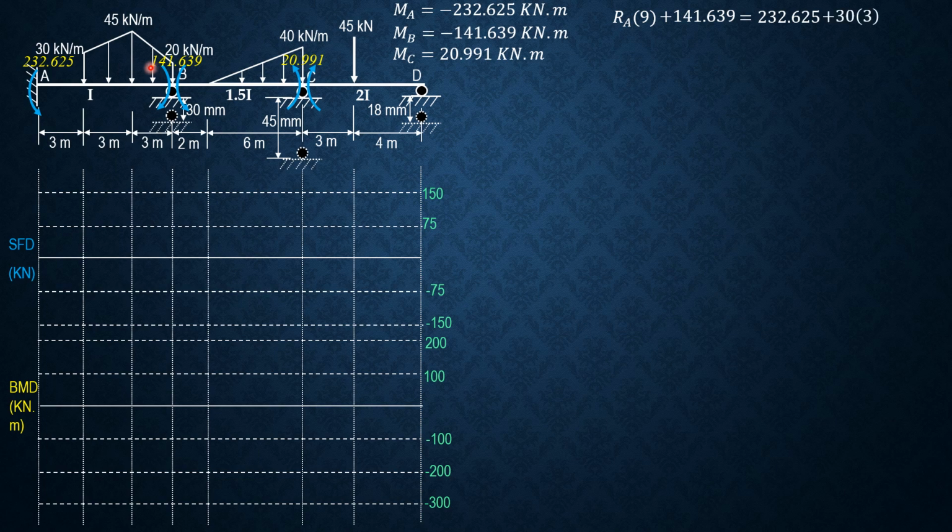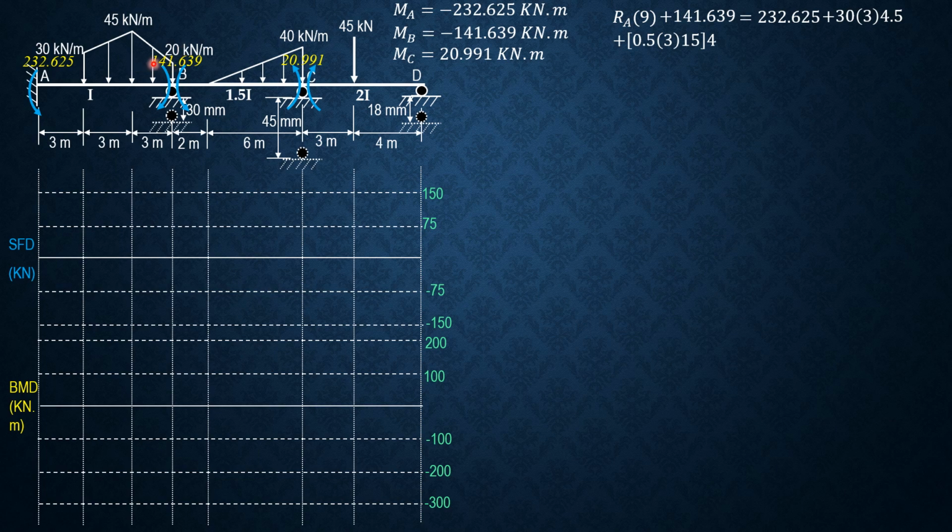So plus 30 times 3 times 4.5. The moment of the triangular load is 1/2 or 0.5 of 3 times 15 times, moment arm is 1 plus 3, so 4. So plus 0.5 of 3 times 15 times 4.